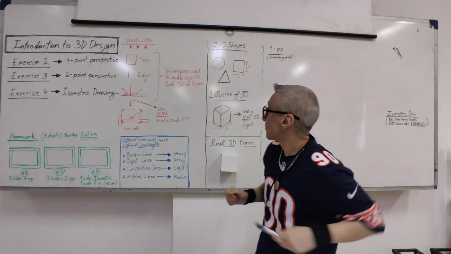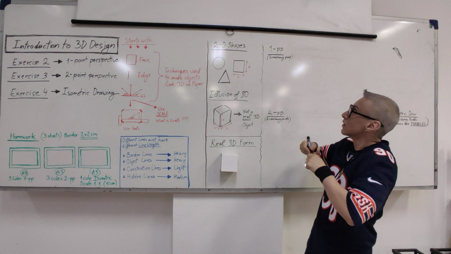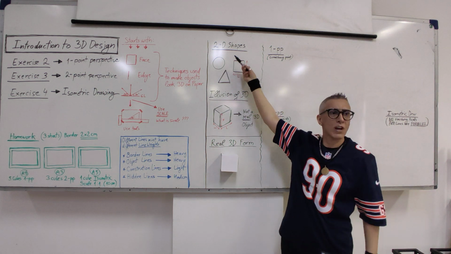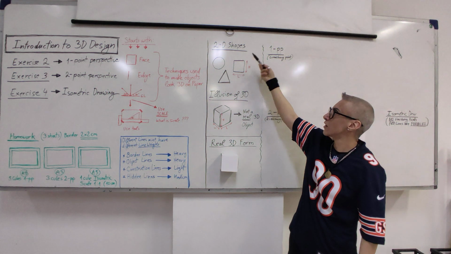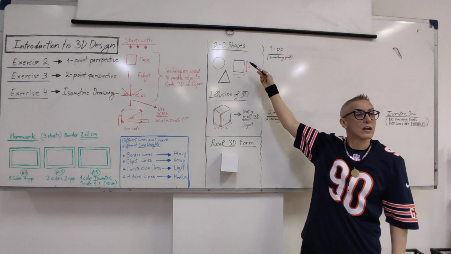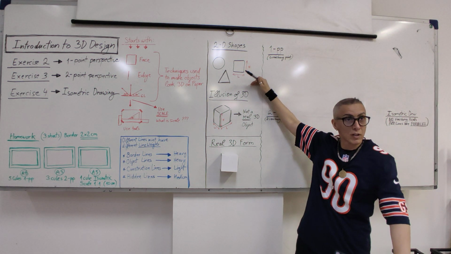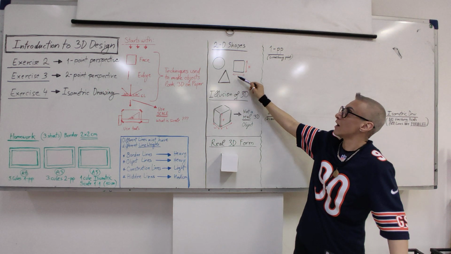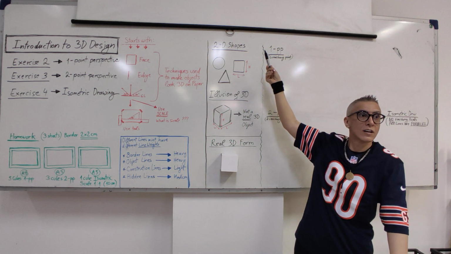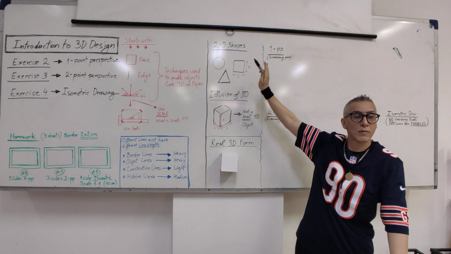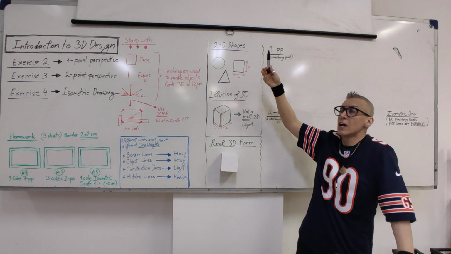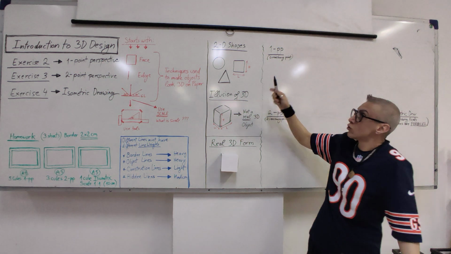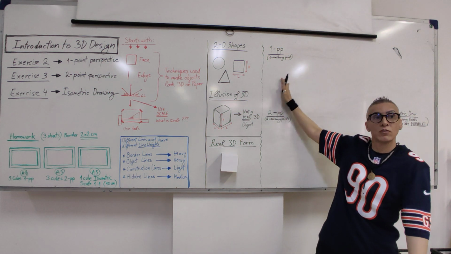Here I put a few basic shapes: a circle, a triangle, a square. These shapes are 2D. It means they have length and height. They're flat objects, two-dimensional, and drawn on a flat two-dimensional surface.